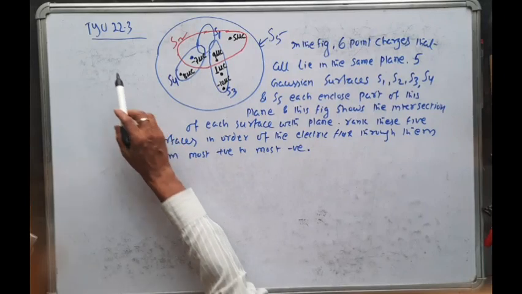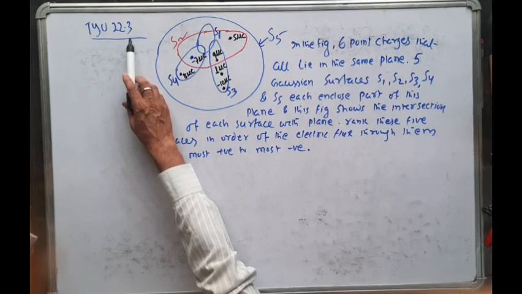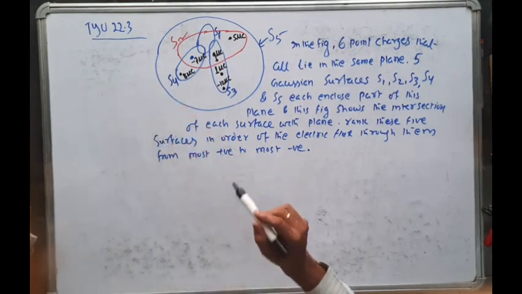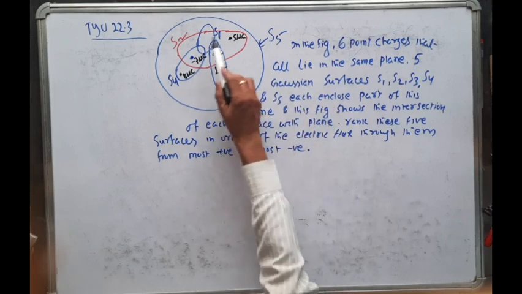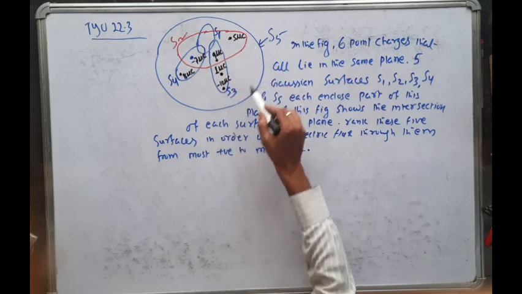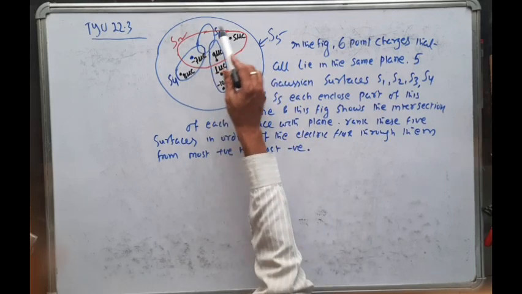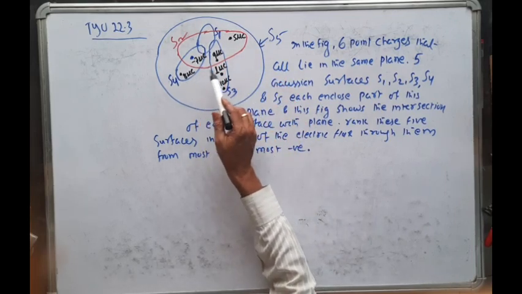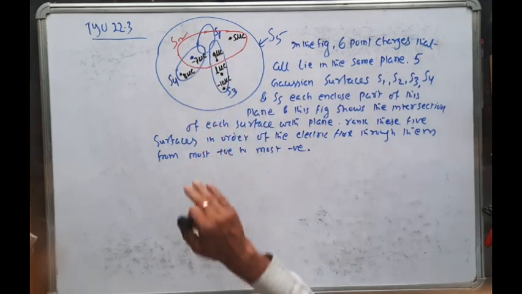So let us discuss Test Your Understanding 22.3 of the University Physics book. In this figure 6 point charges are given, and all lie in the same plane.